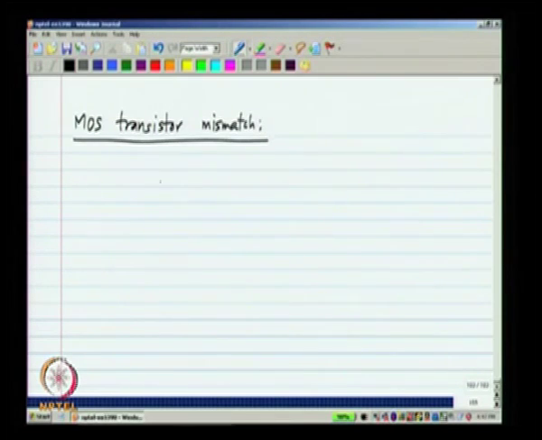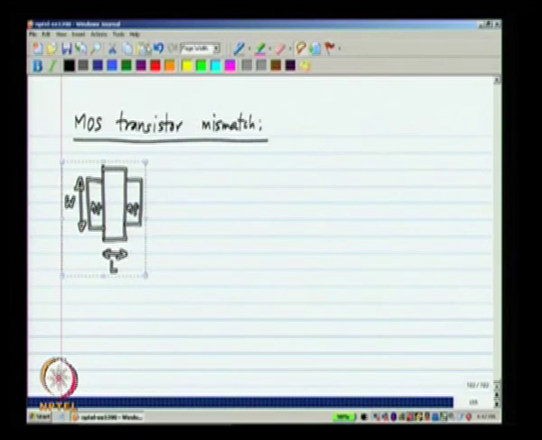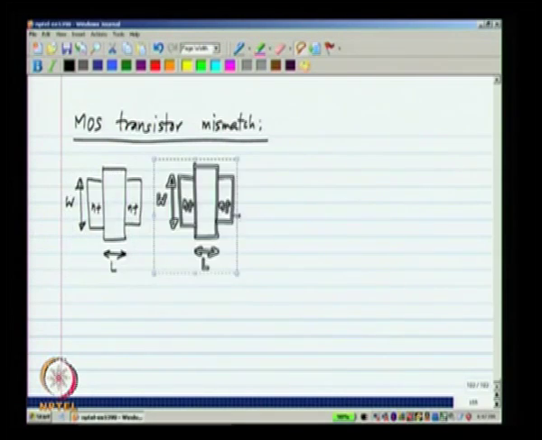So, let us say you make two identical MOS transistors. I will show the top view. They have some W and some L, and there is a copy of this which has the same W and same L. Okay.